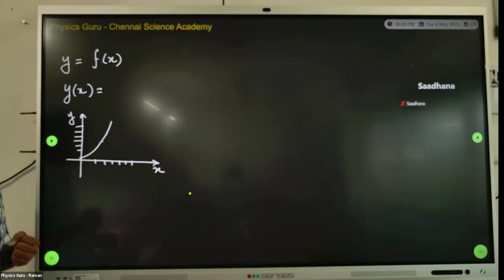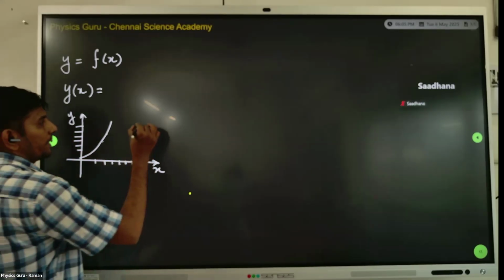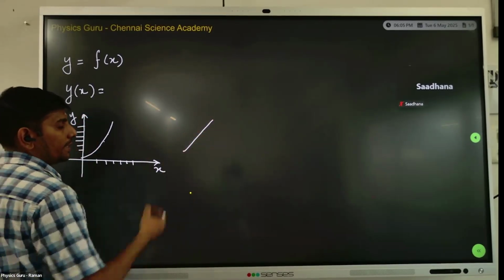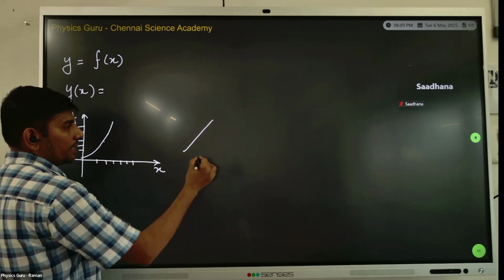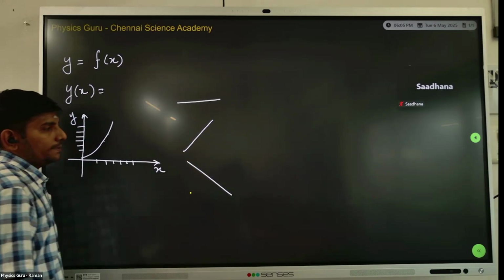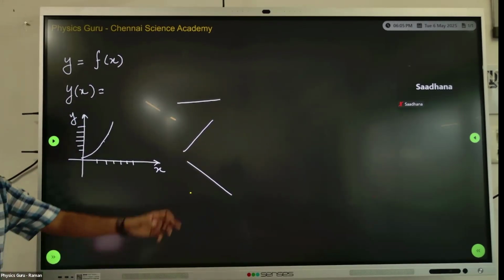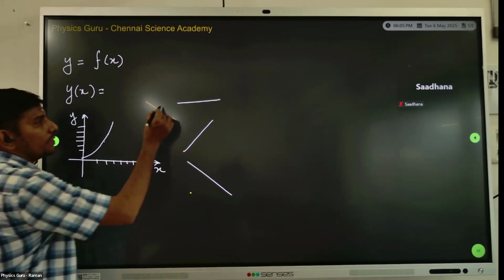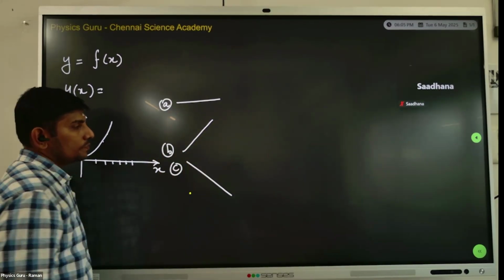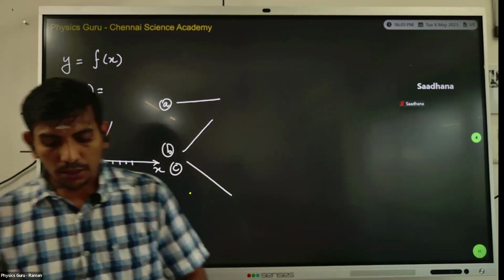One is a straight line, and this straight line can be increasing, decreasing, or steady. So there are three functions that we can say A, B, and C.